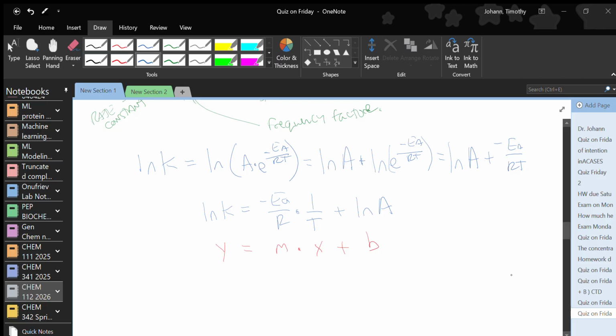If I was to plot this, am I going to get an upward sloping line or a downward sloping line? Downward sloping line, because my slope here is negative. So if I plotted this, I would end up getting a line that looks like that. What is this point that crosses the y-axis? Natural logarithm of A, right?